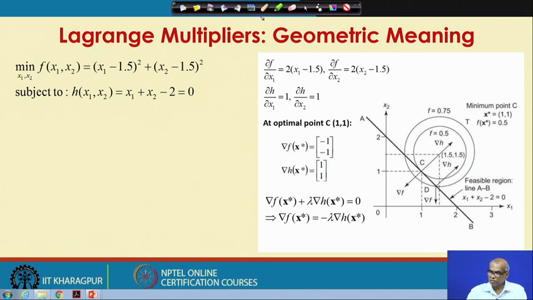At this stage, let us draw the constraint x1 plus x2 minus 2 equal to 0, and this represents x1 plus x2 minus 2 equal to 0. This is an equality constraint. So, this represents the feasible region. The solution must lie on the line AB.